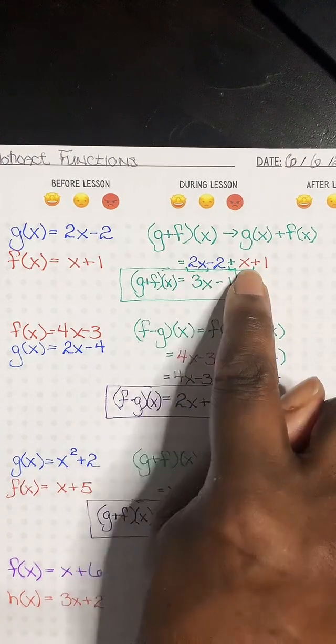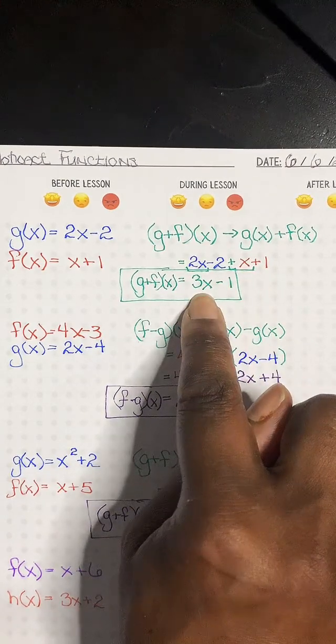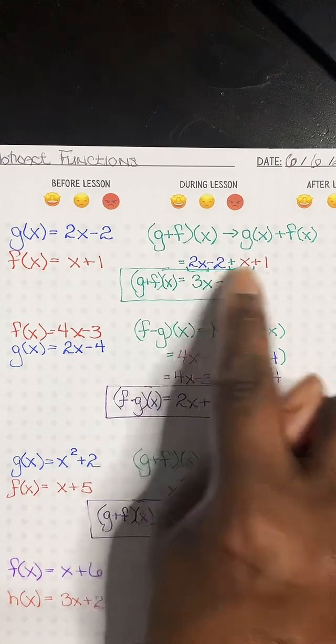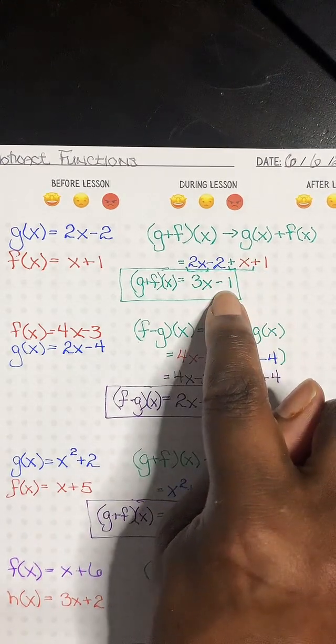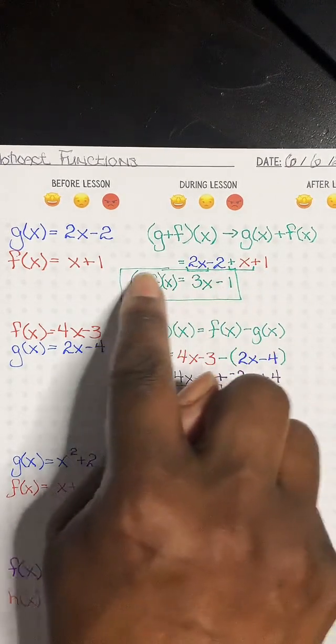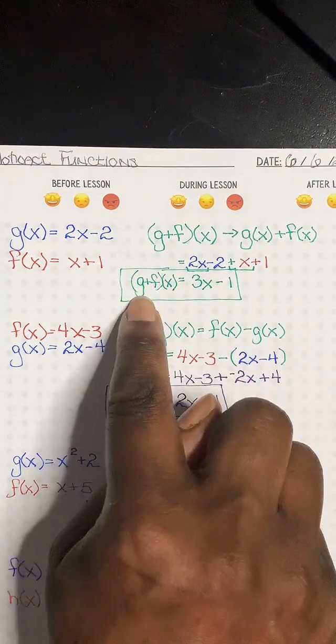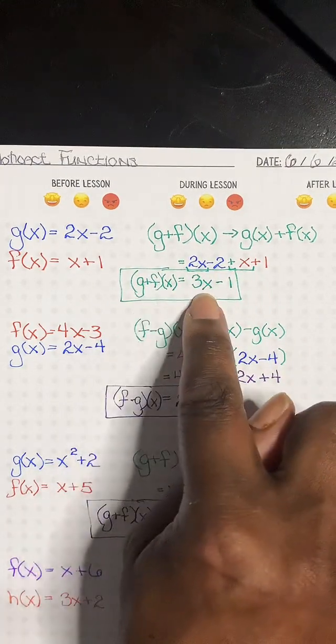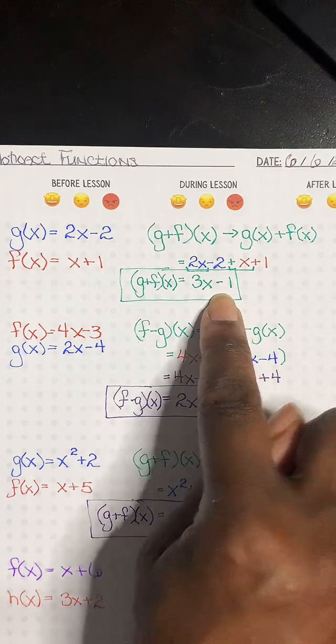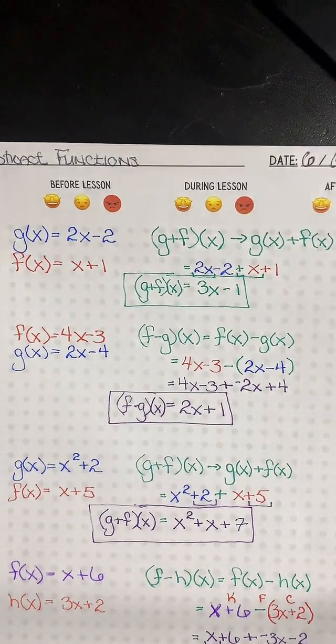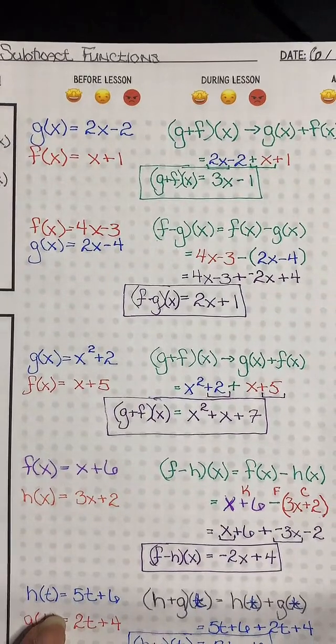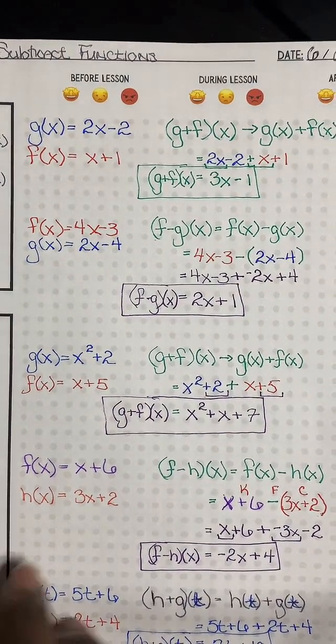That is 2x plus x, that's where the 3x came from, and negative 2 plus 1, that's where the negative 1 came from. And this is your final result: g plus f of x is equal to 3x minus 1.